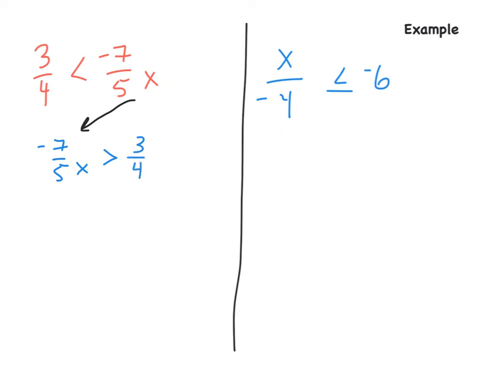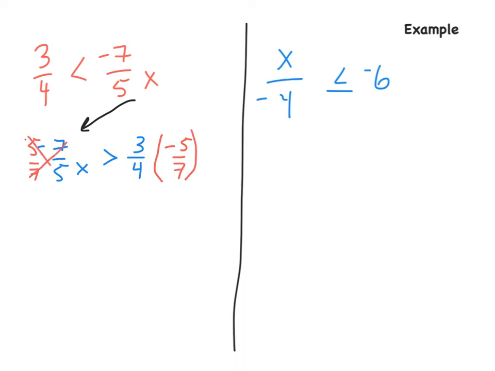Now, to get x by itself, remember you must multiply by the reciprocal. So the reciprocal of negative 7/5 is negative 5/7. Remember, if we multiply negative 5/7 on the left, we must multiply negative 5/7 on the right.